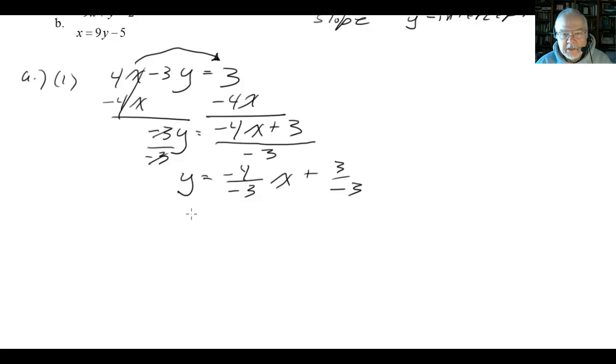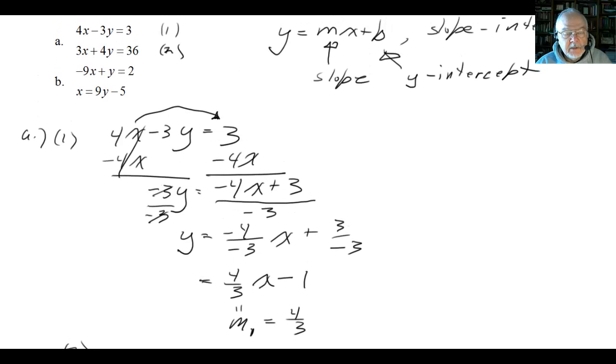And we can simplify that. y is going to equal minus divided by minus, well, that's a plus, so that's 4/3 x. And this is going to be minus 1. And here we go. This is the slope. The slope equals 4/3. And we call it slope 1 because we're going to compare it to slope 2 in just a second.